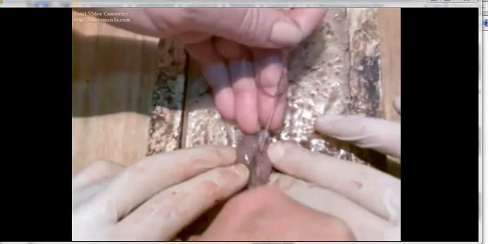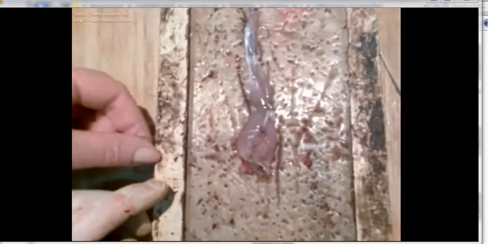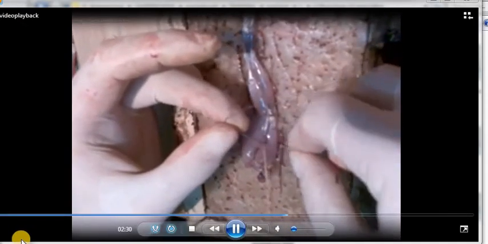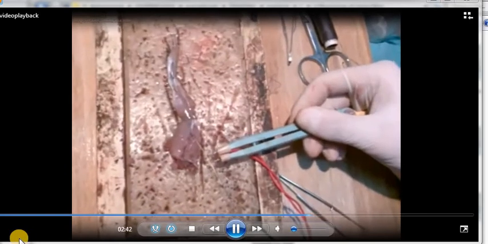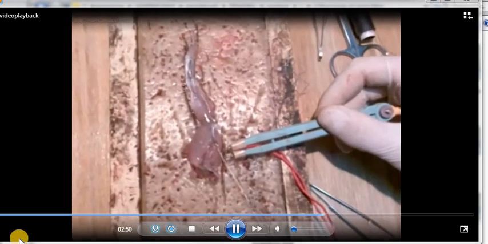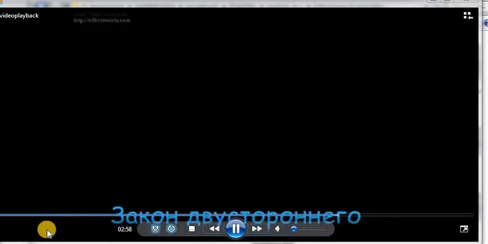And here we cut part of the nerve. And here we see that we put a ligature on the nerve, and the fibers are damaged, and the signal can't move easily to the muscles.